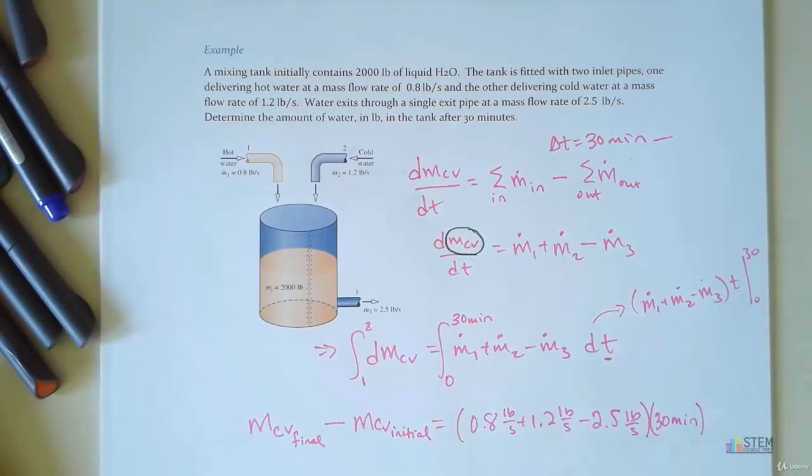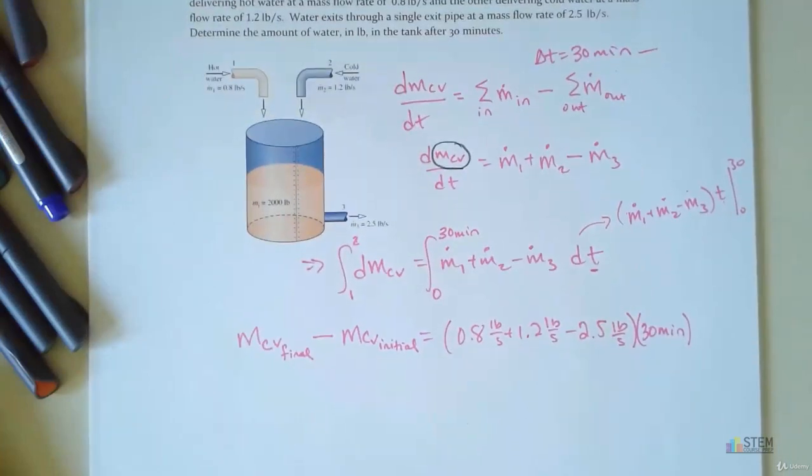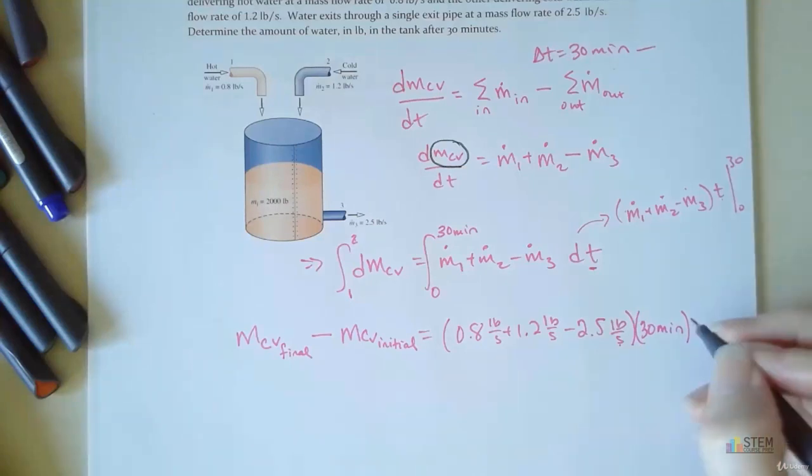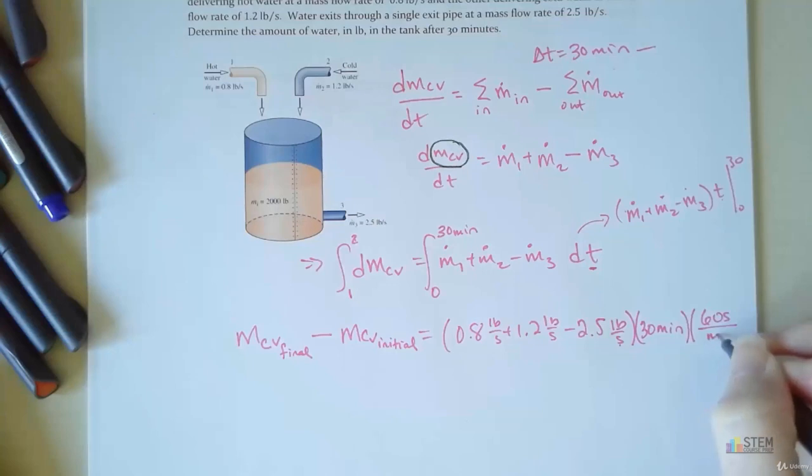And now let's look at our units. Do the units look good there? What do y'all think? I'm thinking they don't look good. And the reason for that is we got seconds, then we have minutes. We need to have the same thing. To get rid of this problem, let's go ahead and convert. We'll do 60 seconds per minute. Then let's mark out all the units that cancel. We got minutes goes away.